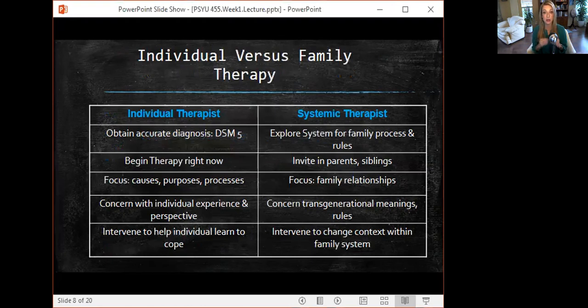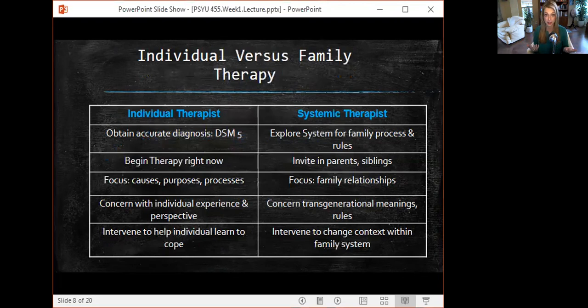Individual therapists begin therapy right away, immediately in the room with the individual who comes in asking for help. It focuses on causes, purposes, and processes, and the concern is with the individual experience and the individual perspective. The therapist therefore intervenes to help the individual learn coping skills, strategies, and techniques that might help solve that individual problem.